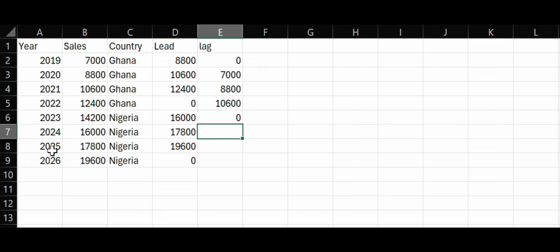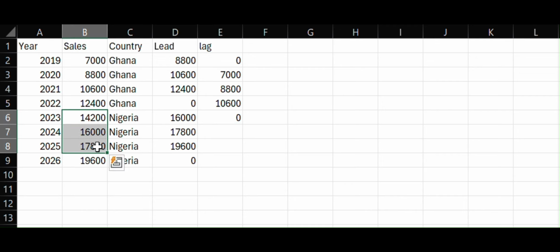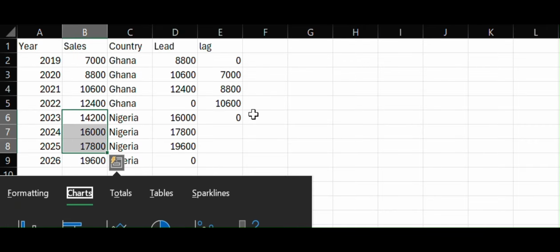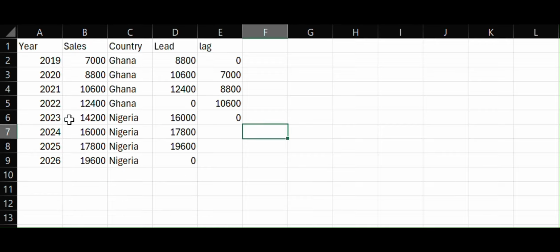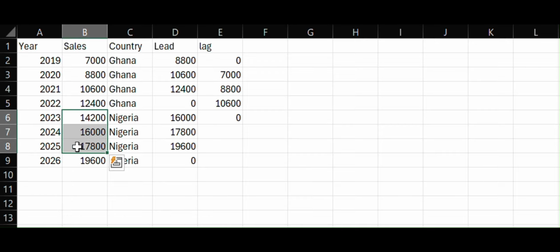But we have one mainly stated in 2024 where we have 16,000, but the previous value for Nigeria is 14,200. So we can just go ahead and imitate or just copy this right in here, and that makes it very simple. I hope I did the copy button. Let me just go ahead and do it well again. There you go.